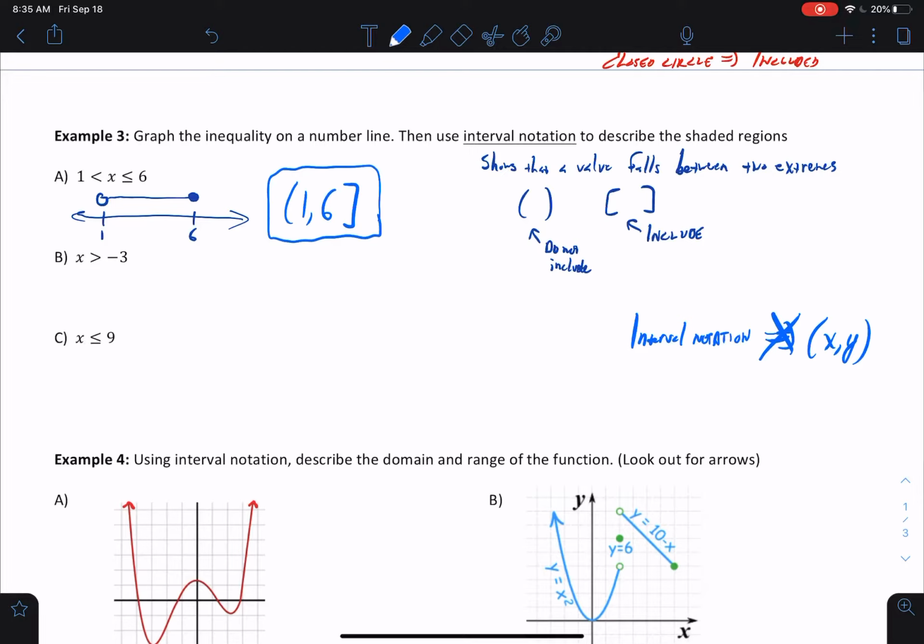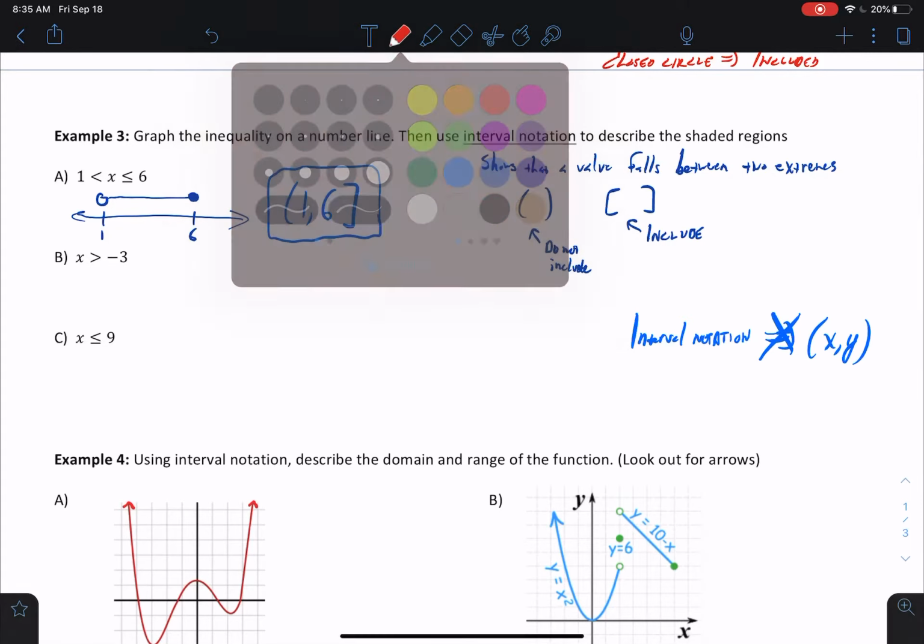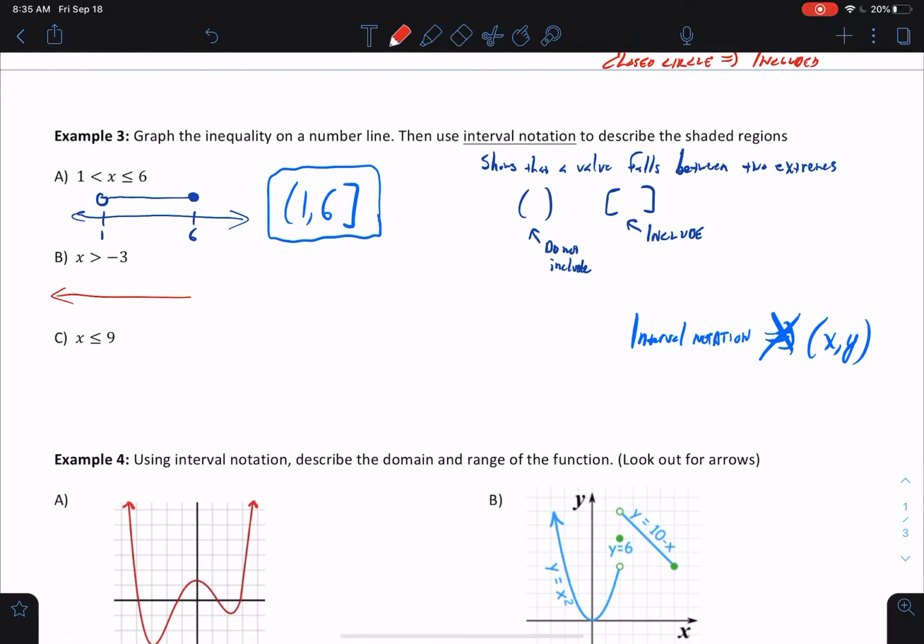What about B? x is bigger than -3. So -3, open circle, shading to the right. My low end is -3, and I do not include it, so it's a parenthesis. My high end, well, this arrow goes on and on for infinity.